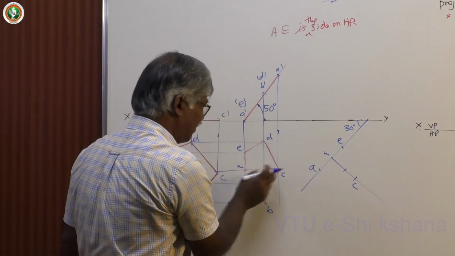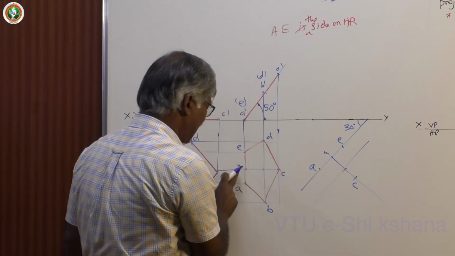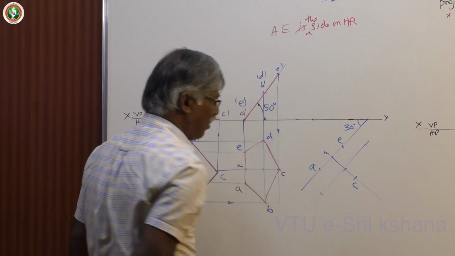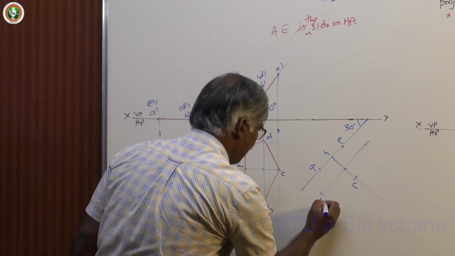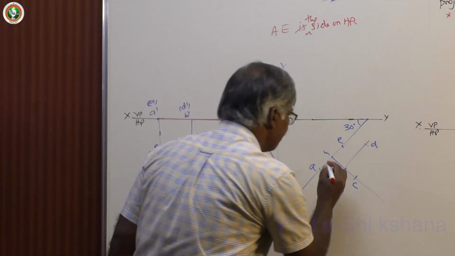This you got, see, this you measure clearly here, and then draw parallel to this. Then take AB equal to ED, that's all. Join them. Before that, let me name, yes, join these points.